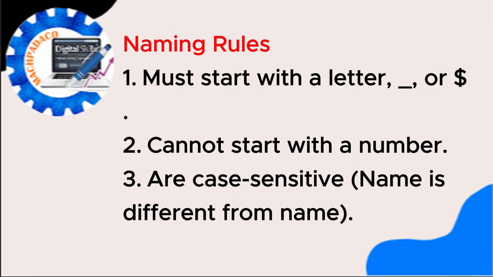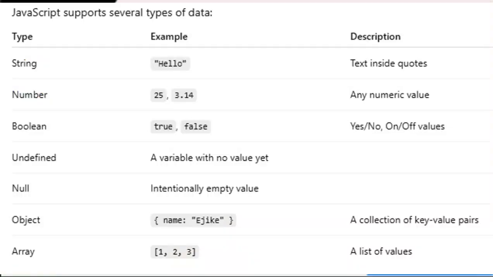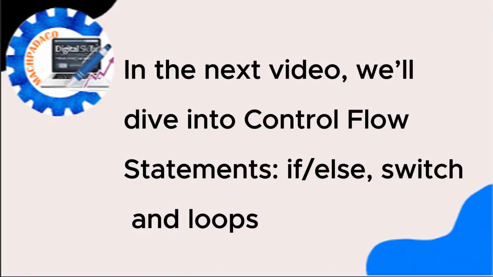They are not the same thing. Then from the table, we can see the different JavaScript data types as earlier explained. In the next video, we will dive into control flow statements: if/else, switch and loops.